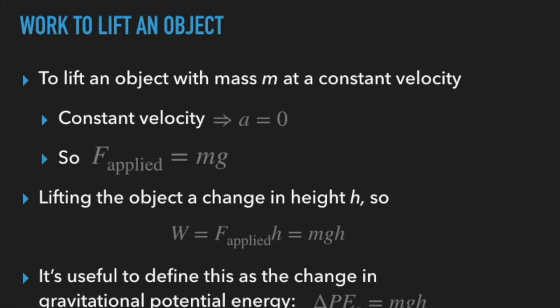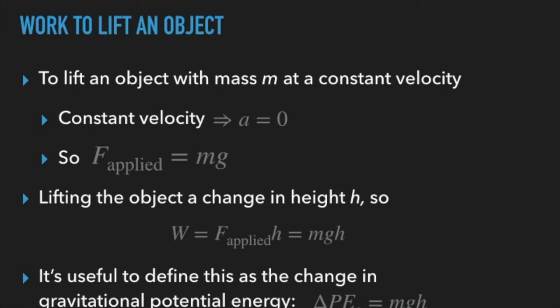Rather than saying I'm some external agent doing work on an object that's lifting it, and gravity, the Earth pulling on it, is also an external agent doing negative work, it's sometimes easier to define a system. We define a system that includes the object and the Earth, and then we can define a potential energy.